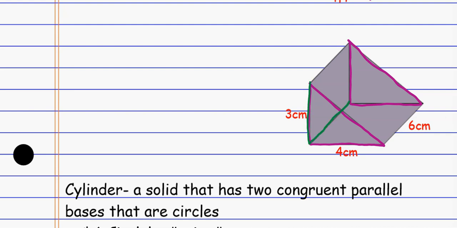And so what I have to do is look at these lateral sides individually. This lateral side right here is a rectangle that is 3 by 6 centimeters. So the area of that rectangle is going to be 18 square centimeters.